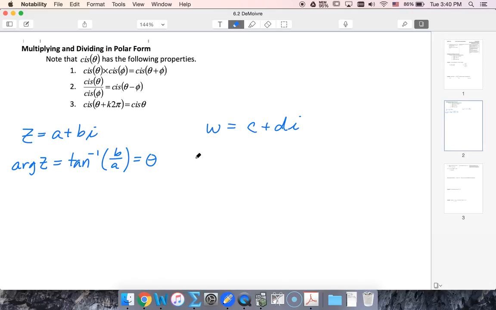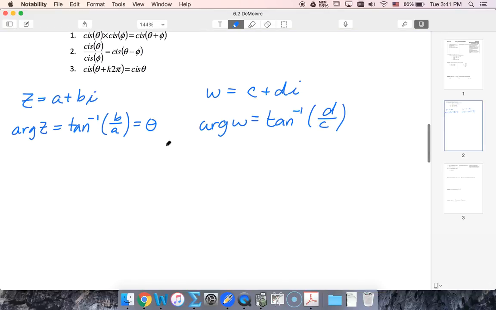So I'm just going to skip ahead and say that arg w is equal to tan inverse of d over c, which we'll call phi. And let's find zw. That's going to be ac minus bd for my real components, plus my imaginary components are going to be bc plus ad i.